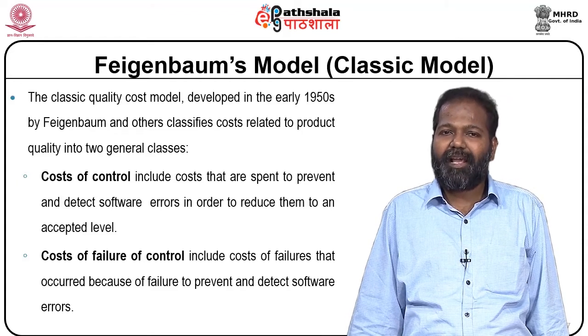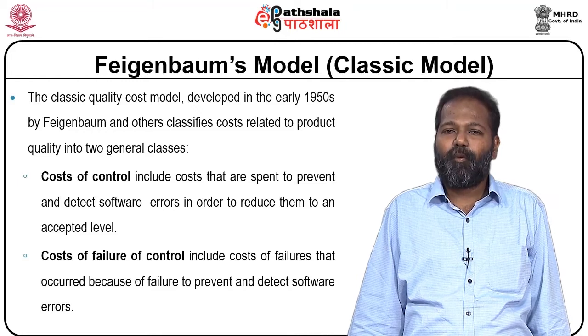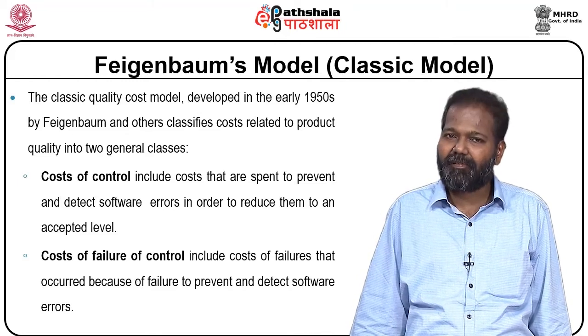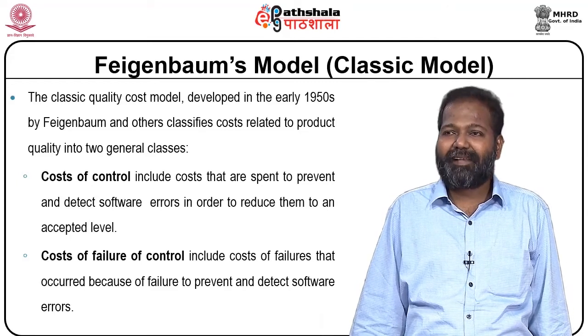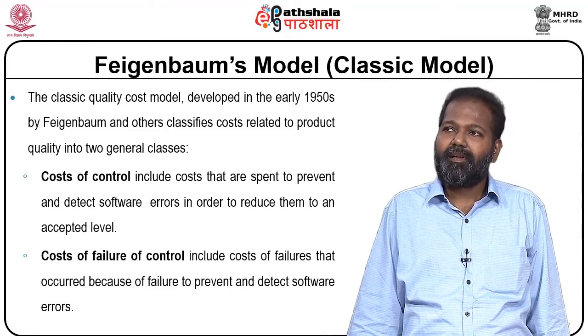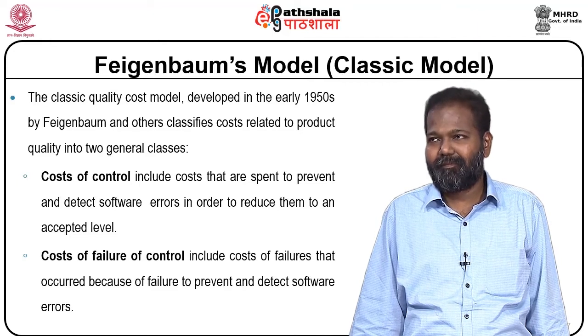Costs of control include costs that are spent to prevent and detect software errors in order to reduce them to an accepted level. Now, how do I define this accepted level?